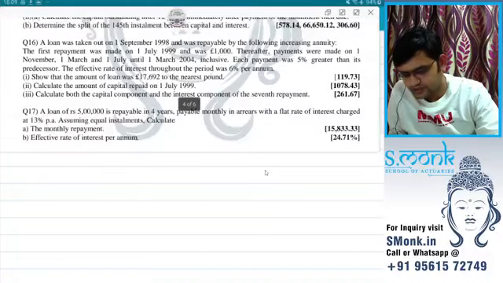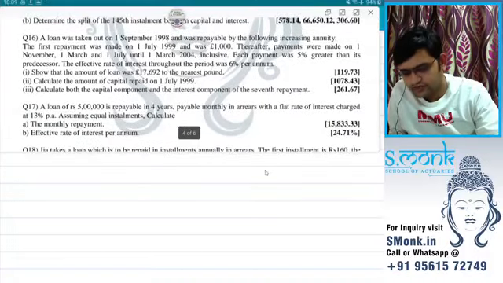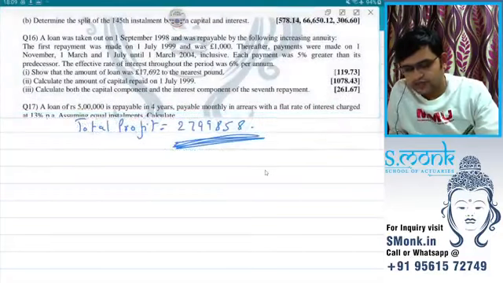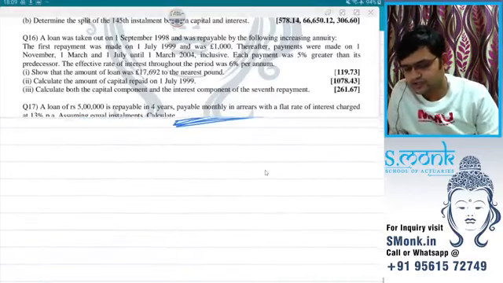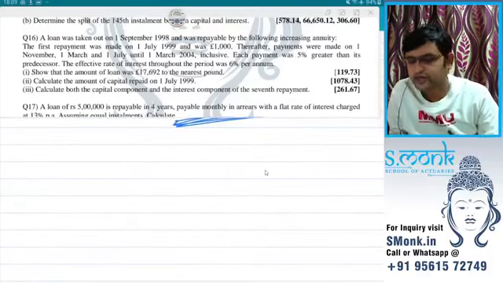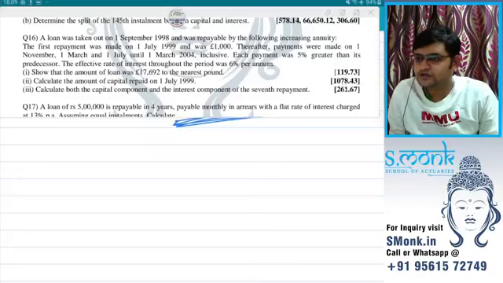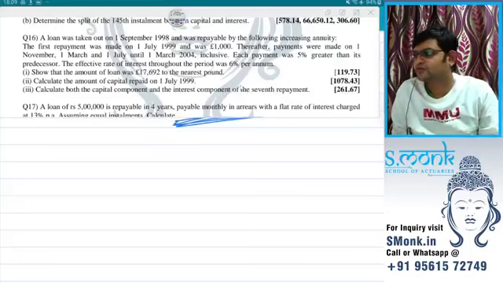In question 16, third part: calculate both the capital component and the interest component of the 7th repayment. So the capital component and interest component is the doubt. The others I will take from the answers that are given. Here the answers are not written in the correct order. This answer is for the second part, and I think these two answers are for the third part. That is how I remember.